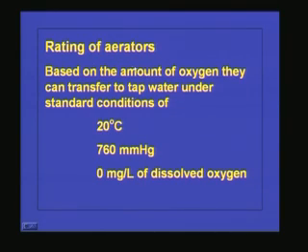But if you think that the same efficiency will prevail in field conditions, it is wrong, because in the field the situation is entirely different. The temperature may not be 20 degree centigrade, the pressure may or may not be the same, and the dissolved oxygen concentration will be different. Most of the time it will be in the range of 1 or 2 milligrams per liter. So we have to convert this rating of aerator to field condition.